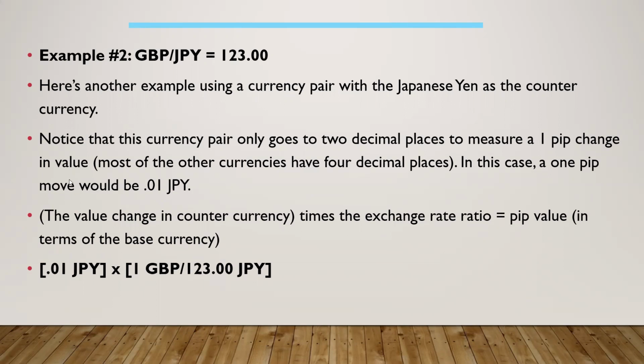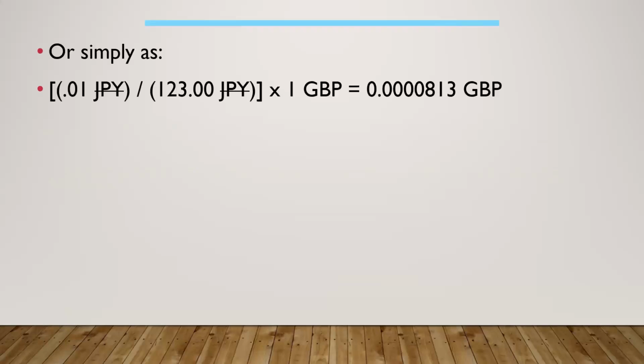So we have 0.01 JPY times 1 GBP divided by 123.00 JPY. This is the pip value of GBP per pip.